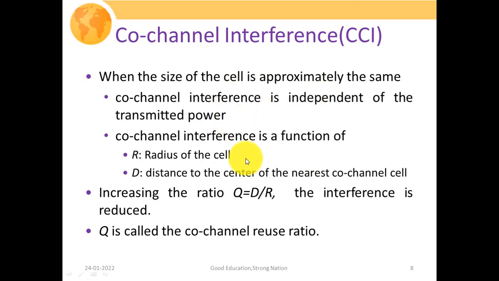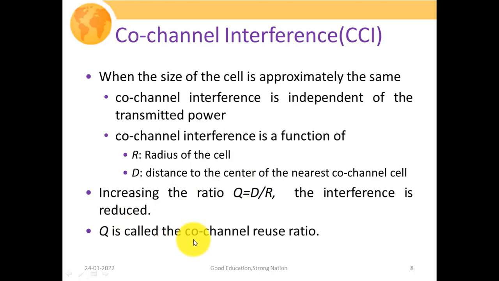So co-channel interference will be a function of these two parameters, R and D. Increasing the reuse ratio, that is Q equal to D upon R, reduces the interference. Here what we are trying to say is, if we increase this ratio D by R, or if we keep increasing D, then your co-channel cells will become farther away from each other, and as they move away from each other, this will limit the co-channel interference effect.